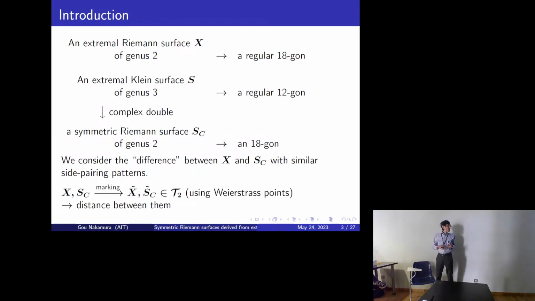So to investigate the difference, as an attempt, I give a marking of these two surfaces, to investigate the two surfaces in the Teichmüller space. To give a marking, I use the information about Weierstrass reference points. So finally, I calculated the distance between these two marked surfaces.